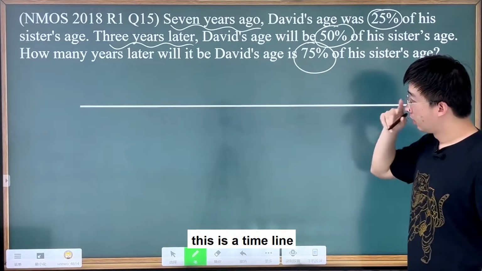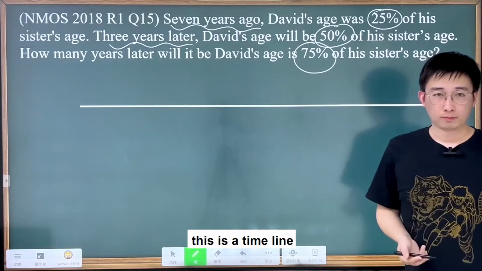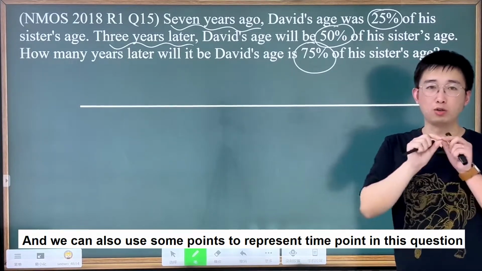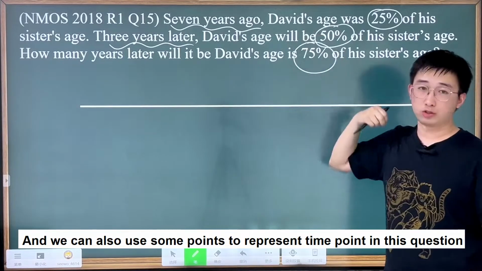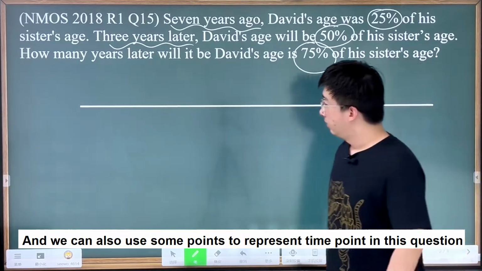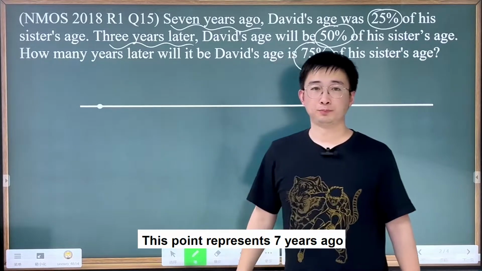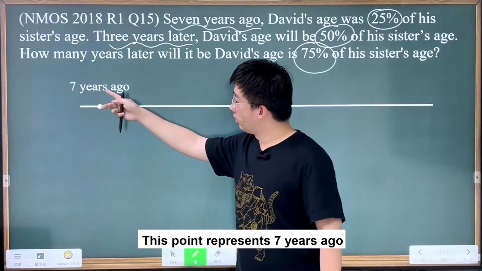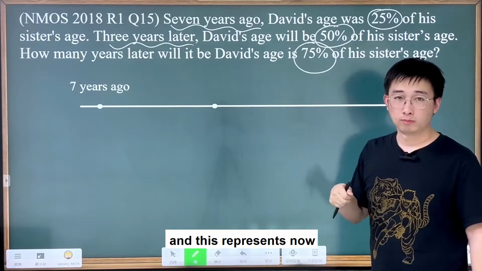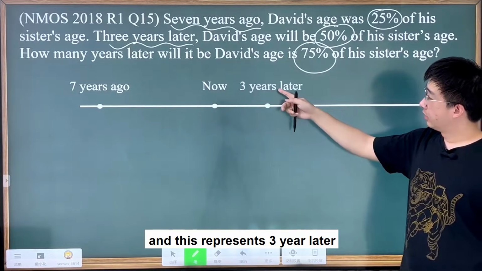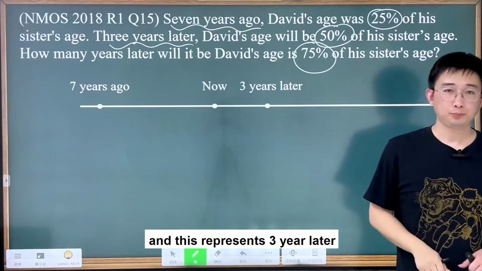Look at this. This is a timeline. And we can also use some points to represent the time points in the question. For example, this point represents 7 years ago, and this represents now, and this represents 3 years later.